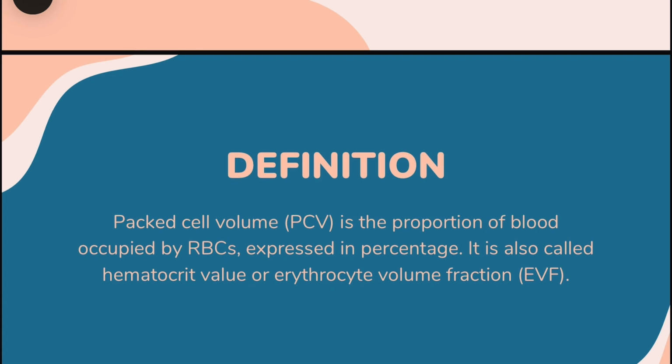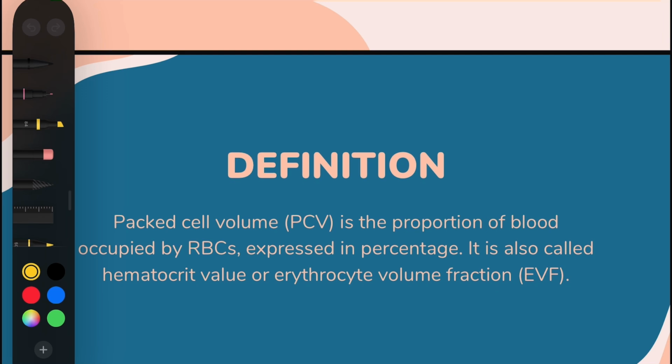So let's understand it in a simple way. For example, if we take a cube, and if it is filled with blood, and let's say the size of this cube is around 1 into 1 centimeter, that means the volume of the blood is also the same, that is 1 cubic centimeter.